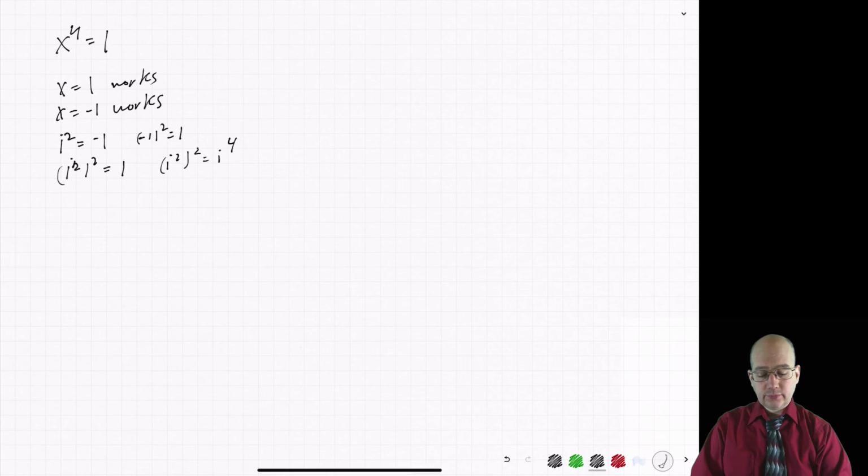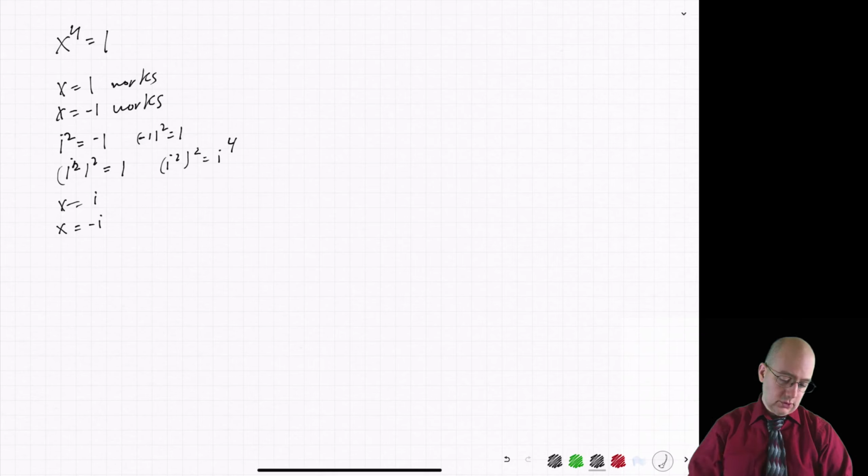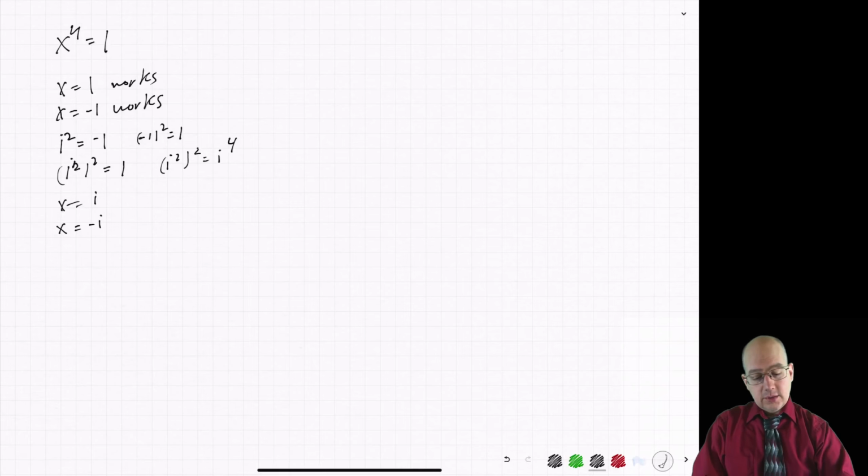So I to the fourth is a solution, and if I is a solution, then minus I is a solution. Okay, great. So now we have 4 solutions for x to the fourth equals 1. Who knew that the fourth power of 1 had so many options? Well, 4, right?